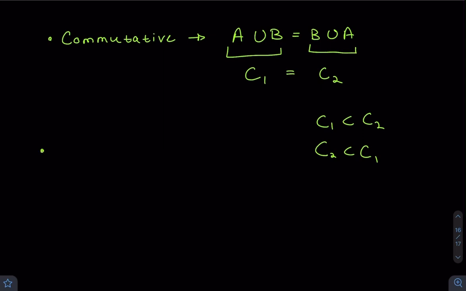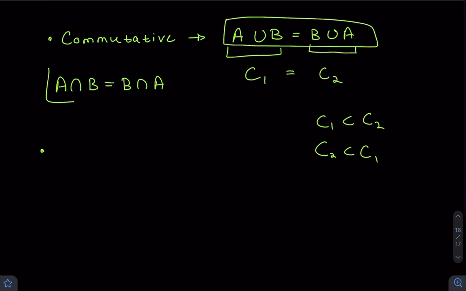I should also mention the intersection operator is also commutative. So A intersect B is equal to B intersect A. So these are both true. They're also both associative.